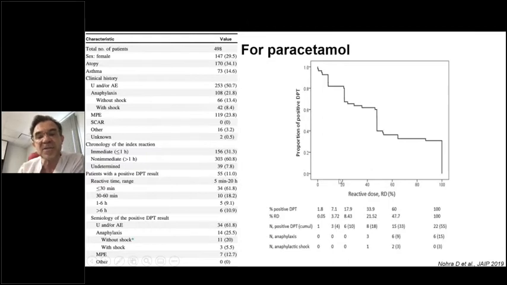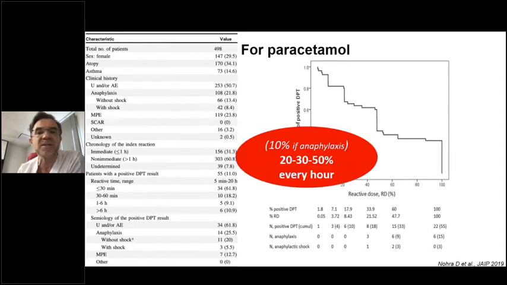Analyzing these different steps that are called deciles in statistics, we could skip a few steps and concentrate on the major steps. That's how we changed our protocol to 20%, 30%, 50% of the therapeutic dose every hour, and not every 30 minutes as we did at the beginning.